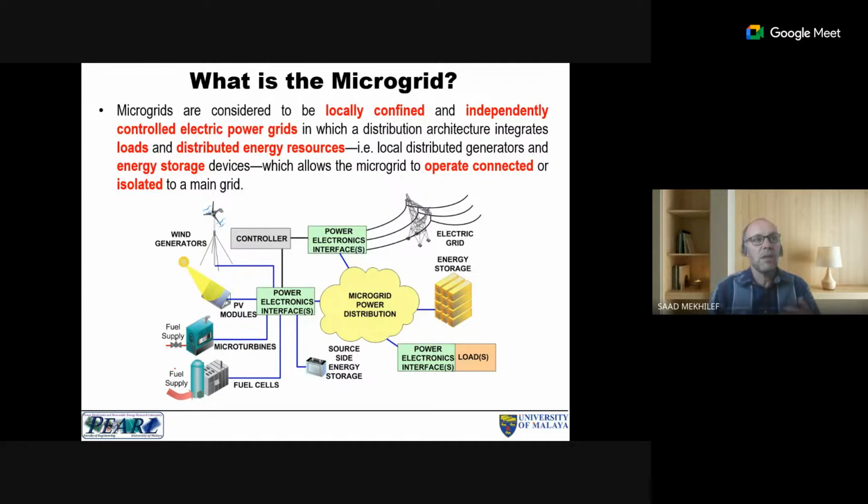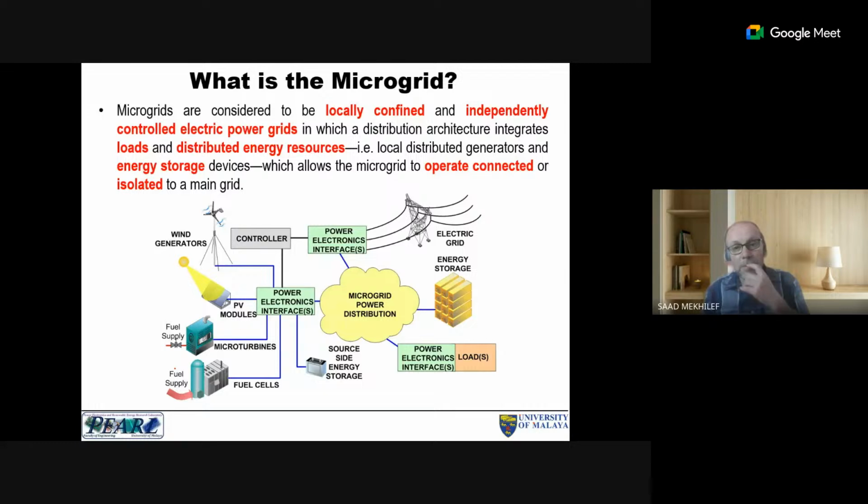It should have distributed sources, such as solar or a diesel generator or fuel cell or whatever. So you can have different combinations. It depends on the available resources you have. For example, if you are in a remote area where you have a river next to you, the best is to have a micro hydro turbine, because you have running water, plus maybe solar.